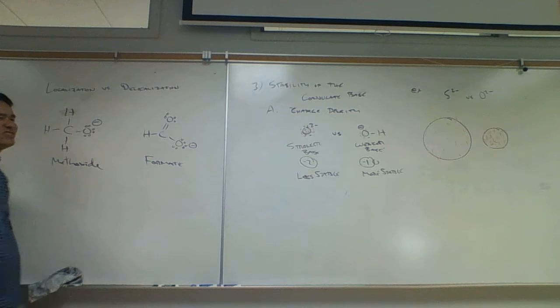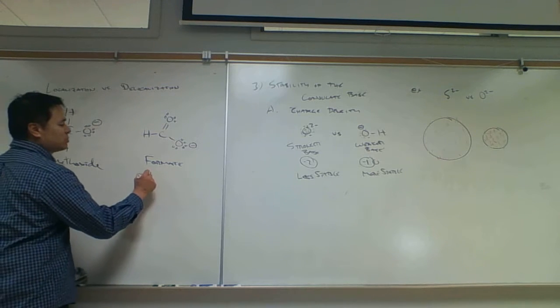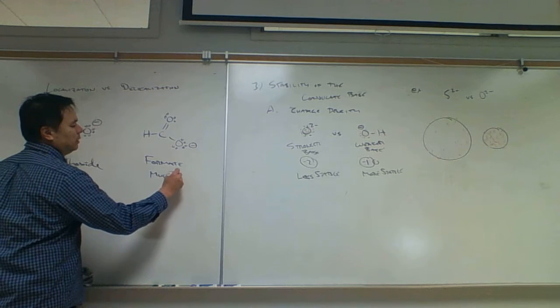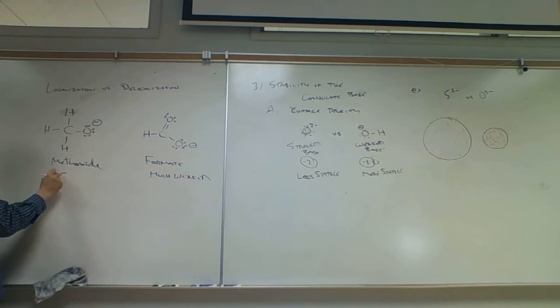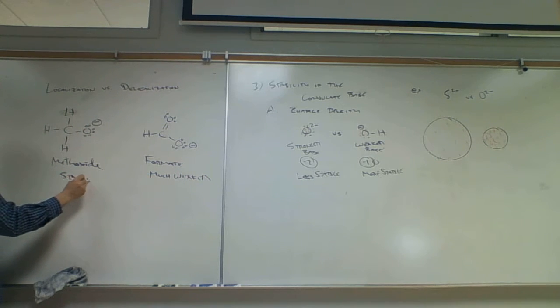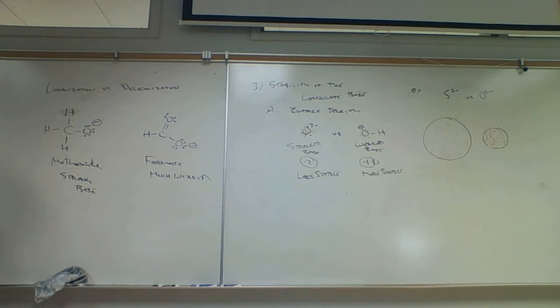Should they be about the same strength? It looks like it, but it turns out that formate is much weaker. In fact, methoxide is considered a strong base, like hydroxide. Methoxide and hydroxide have about the same strength. So why is methoxide a strong base but formate a much weaker base?